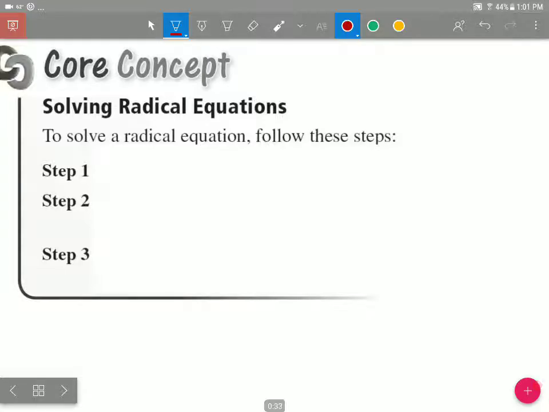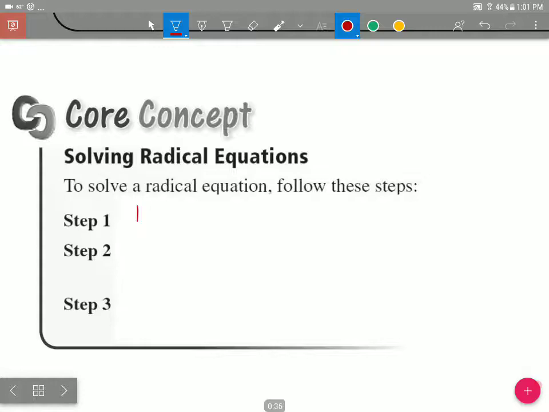Anyways, so step 1, isolate the radical. It's okay. Just makes for an easier day. Isolate the radical. Step 2.